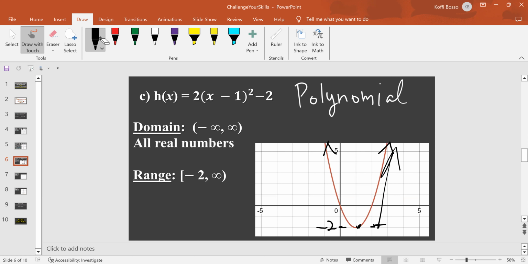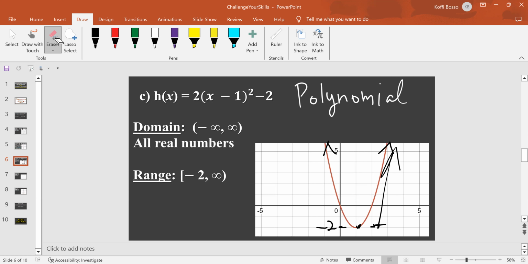Always, for the range or the domain, we write from the lowest value to the highest value. The reason we have -2, comma, infinity. But you have to understand that -2 is included in the graph. The reason we use square brackets, so we close it at -2. If it's not in the graph, we're going to use open parentheses. Okay, so this is the range.